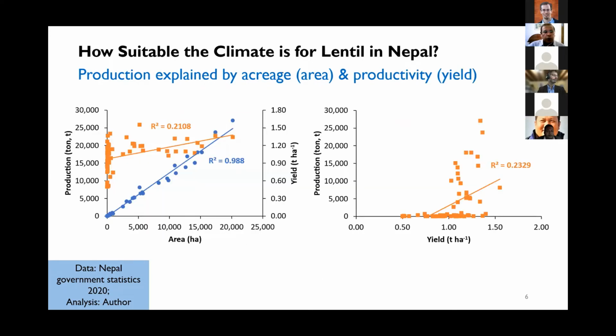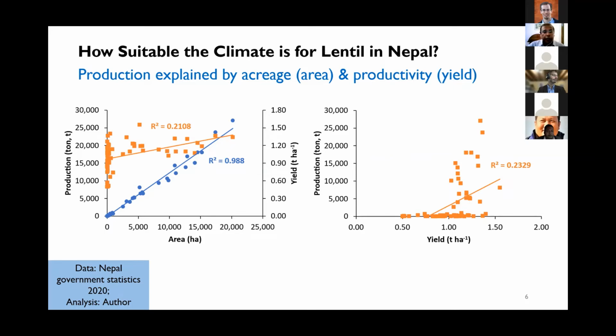So what explains the production of lentil in Nepal? Two variables contribute to production: area coverage and yield. The figure on the left with blue bullets shows the relationship between area and production across the lentil-growing districts. Quantitatively, if you add 1 hectare of lentil land, that adds up to 1.23 tons of national lentil production.